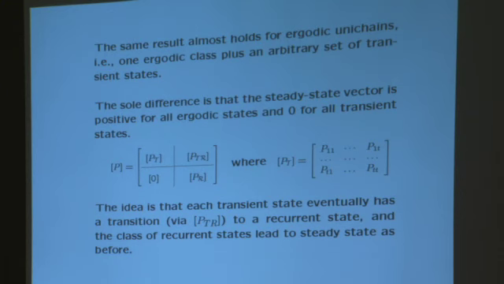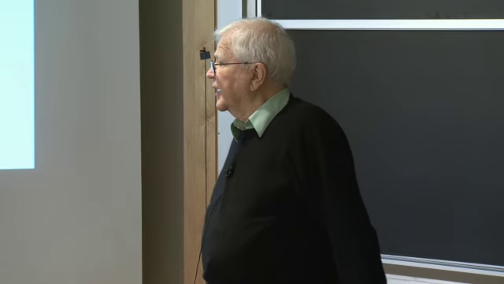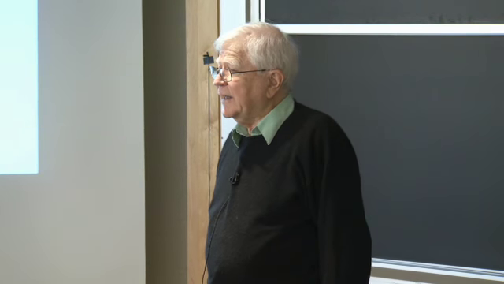And aside from that, you still get the same behavior. Still, as n gets large, you go to the steady state vector, which is the steady state vector of the ergodic chain. If you're doing this stuff by hand, how do you do it?